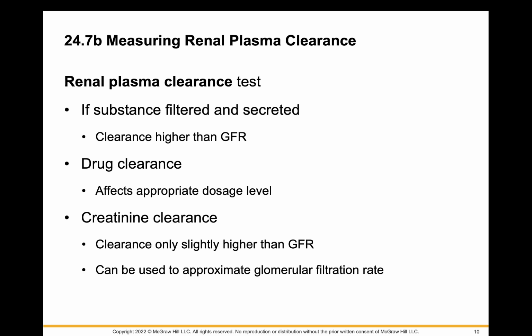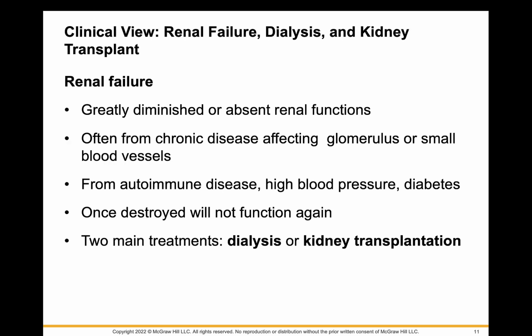Another thing is creatinine clearance. The clearance is only slightly higher than glomerular filtration rate, and this can actually be used to approximate glomerular filtration rate. Now, this is something that we have addressed along the way, and something that I feel we are going to be encountering quite a bit of in the future.